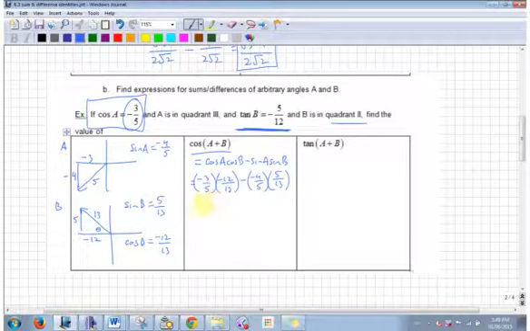Negative times a negative is a positive 36 over, what's 5 times 13? 65. Negative times a negative, that's going to be a positive. 4 times 5 is 20 over 5 times 13, 65. So 36 and 20, I got the same denominator. That's 56 65ths.